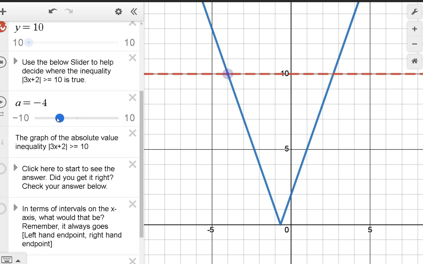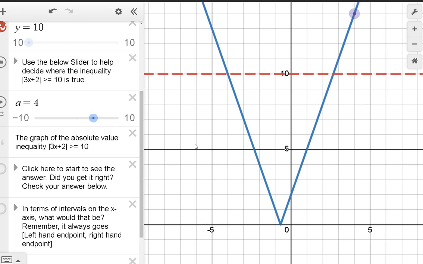It's going to start right here and then move to the left. And then again over here, starting here and moving to the right. So there are really two intervals where the blue graph is taller than the red graph. And that's going to be my solution.